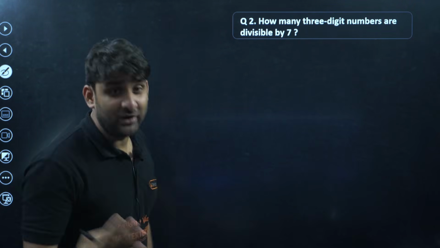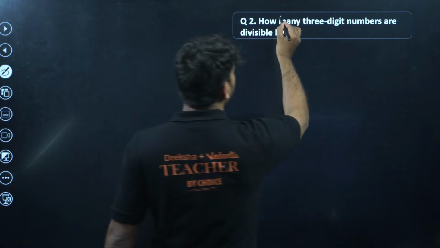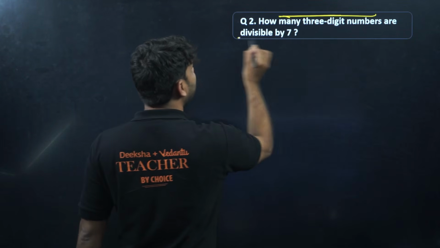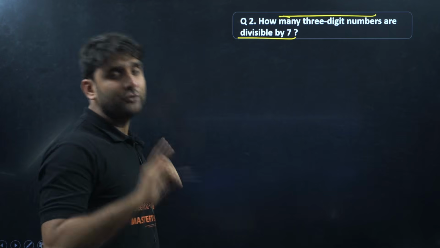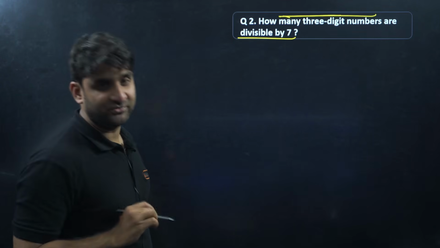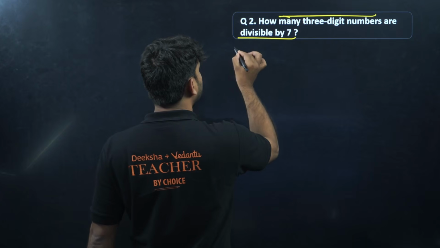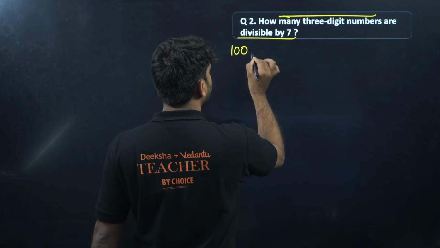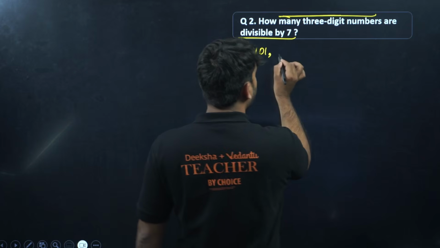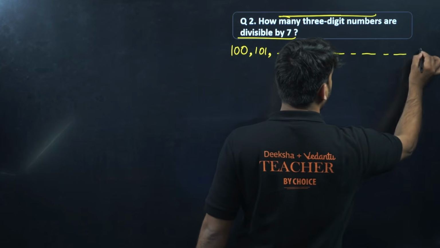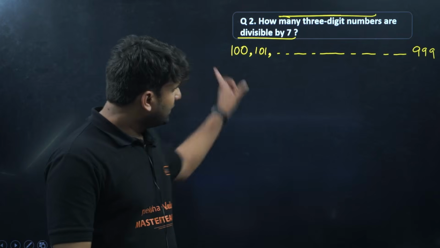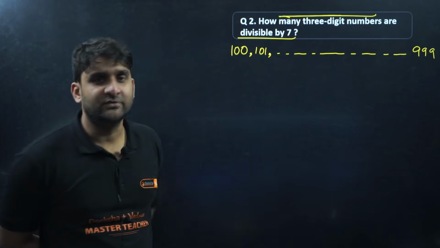So we have to focus on 3-digit numbers as well as divisible by 7. So first decide from which number the 3-digit numbers start. They start from 100, 101, 102, 103, and so on till 999. This is the sequence for 3-digit numbers.